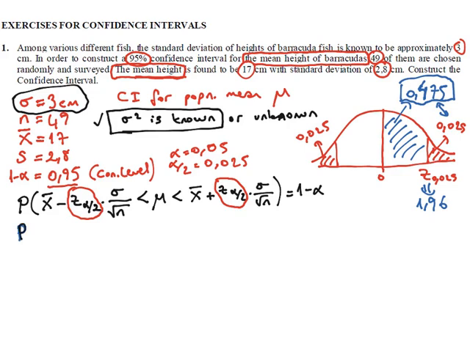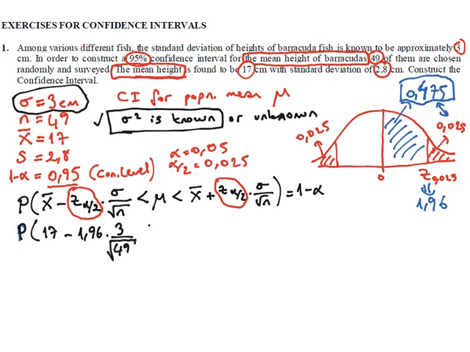So I know everything and I can calculate the rest of it. So x bar is 17 minus 1.96 times sigma over square root of n. Sigma is 3, and n is 49.